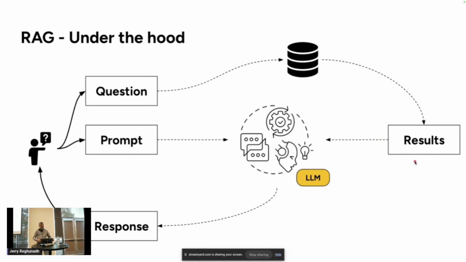You take that context along with your prompt, which is what were my top 5 spends from last night, and give it to the LLM. The LLM takes the context we retrieved from the vector database and the question, processes it, and gives you a response. This is how you plug in your private data to it.